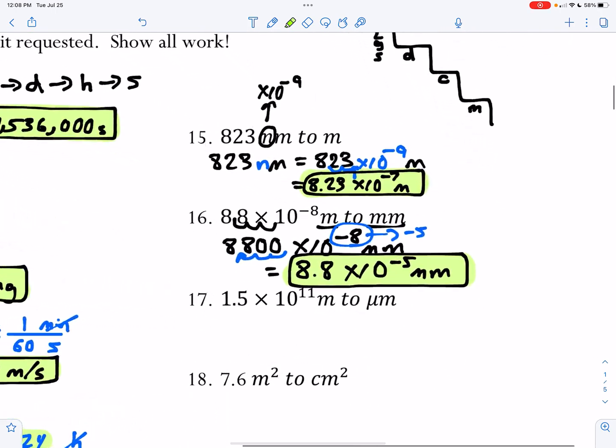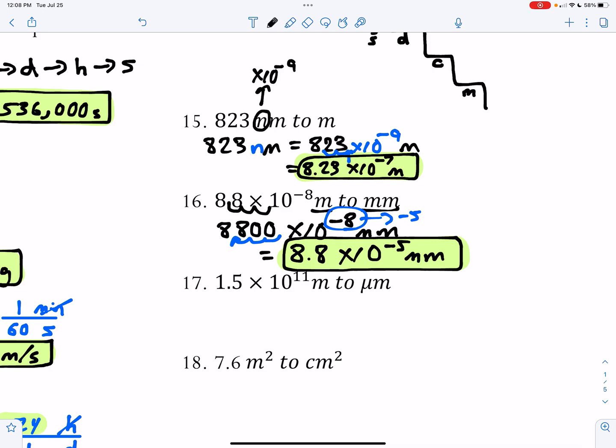Okay, number 17, we're converting that from meters into micrometers, which is times 10 to the -6, a millionth of a meter. And so we're going to start off with our number, 1 times 10 to the 11 meters. We're going to multiply times a conversion factor to go from meters to micrometers. Well, in 1 micrometer, there are 1 times 10 to the -6, or 1 millionth of a meter.